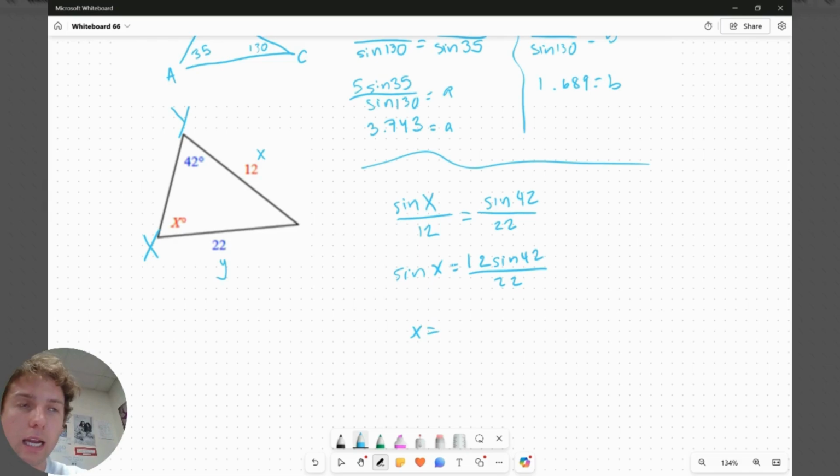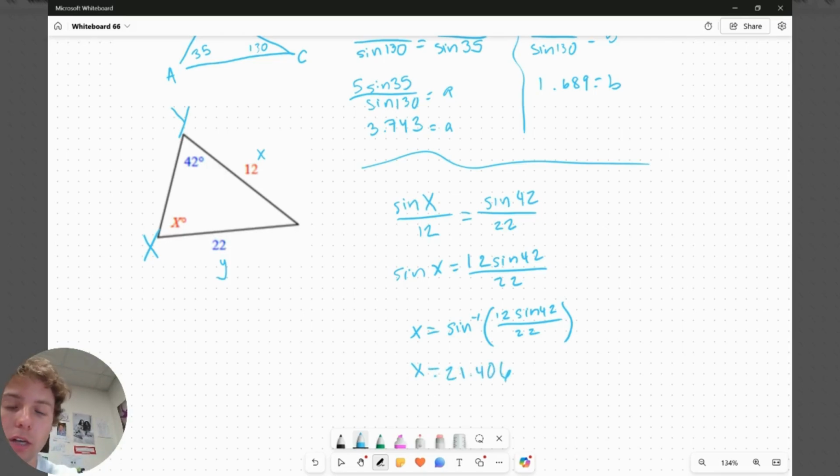Well, if we have sine of X, remember to undo an operation, you're taking an inverse. So I'm inverting sine to move it to the other side. And now we're typing this entire part into our calculator. When we type it in, we end up getting a value of about 21.406. Now we've solved for the missing angle, and then from there, the process would be the same as above.